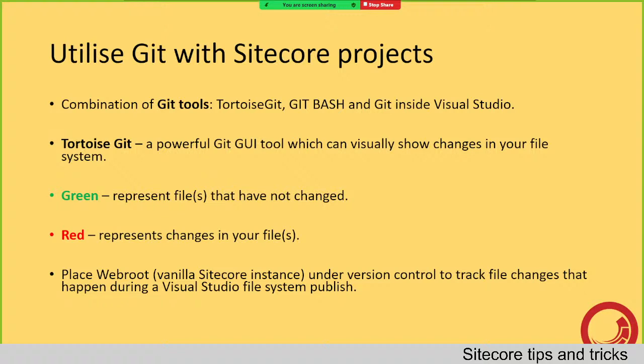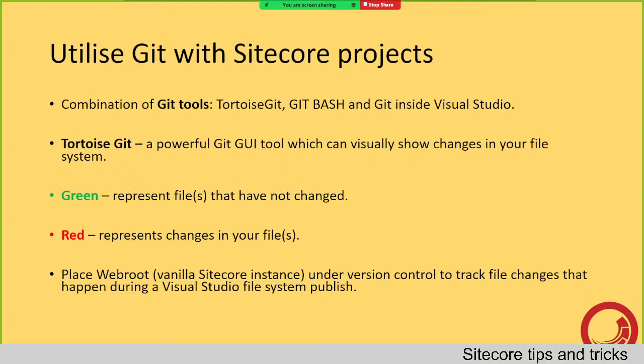And when you're developing in Sitecore projects, you've got to be very cautious and very careful about what files you're changing. Because of that reason, I find it very useful to place the web root under version control. That's right, the web root. I know that we do not, even though I have it under control only locally.